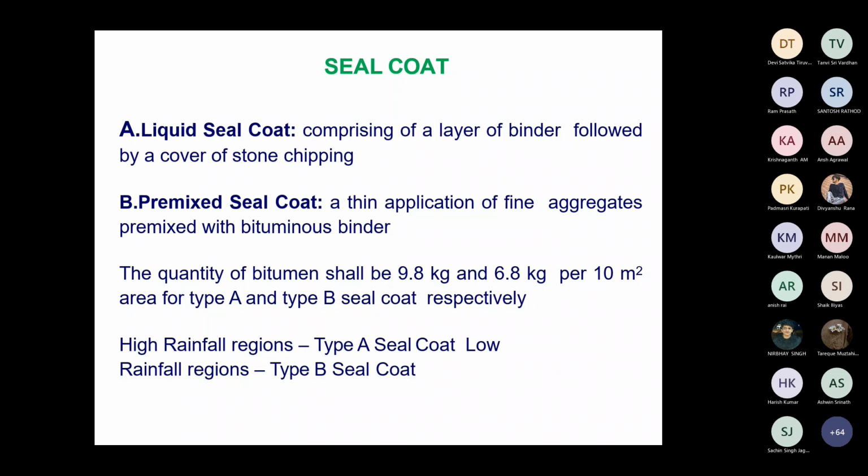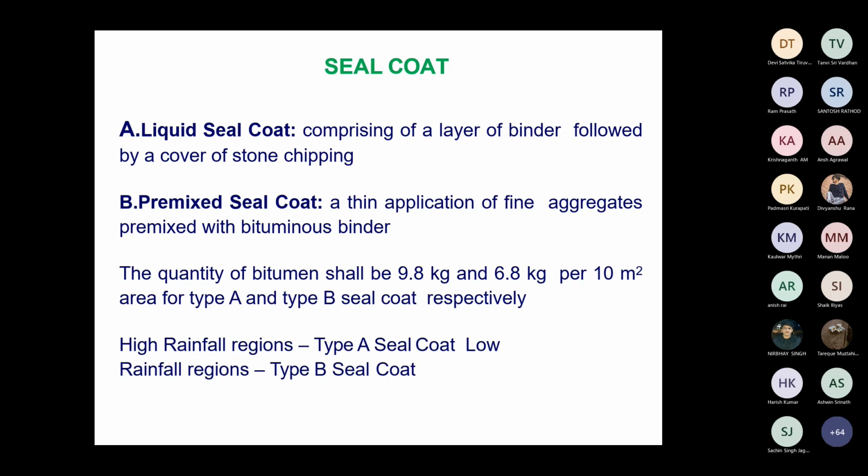Okay. Other layer is seal coat. This liquid seal coat or pre-mixed seal coat can be used. This comprises a layer of binder followed by a cover of stone chippings. Okay, so a binder layer will be there, and above that small stone chippings will be there. Pre-mixed means you are mixing fine aggregate with the binder, then laying it on the road.